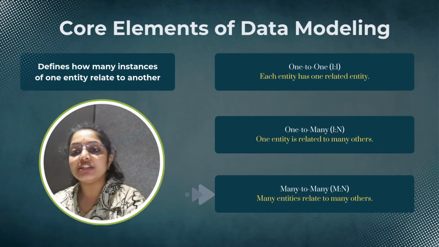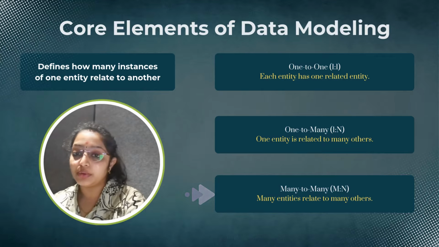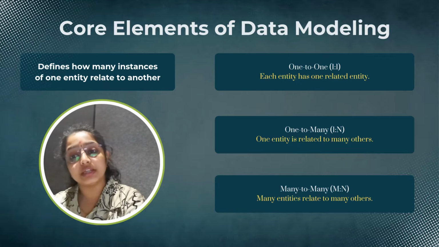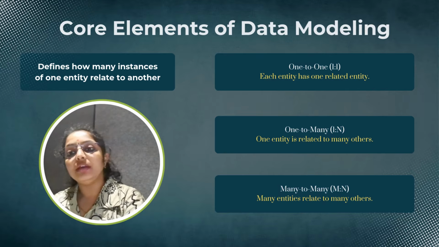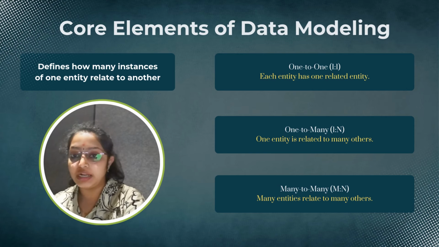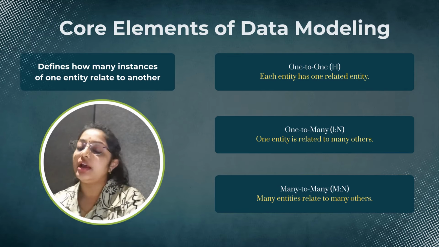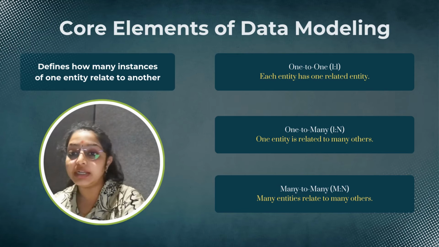And imagine many to many. So here you can see many entities relate to many other entities. For example, one product can be present in multiple orders, and an order can have multiple products.